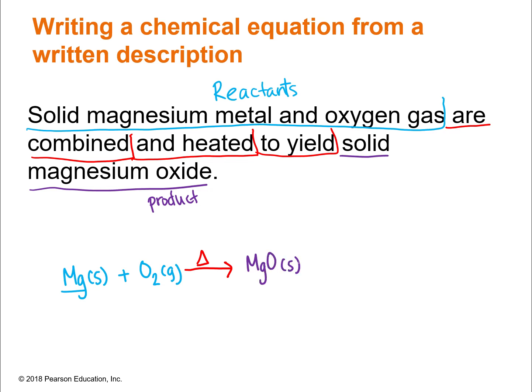Remember that you want to make sure that you're writing all of your chemical formulas properly. Magnesium, its ion is 2+ because it's from group 2A and it's a metal. So its charge is 2+. Oxide, the oxide ion, is 2-.